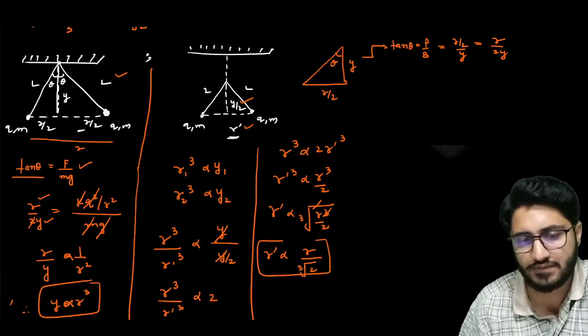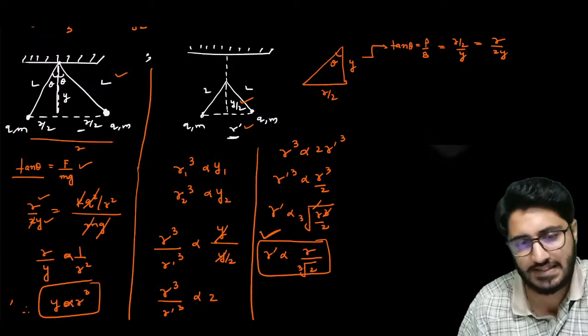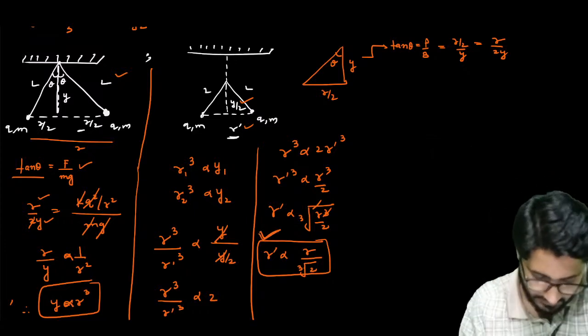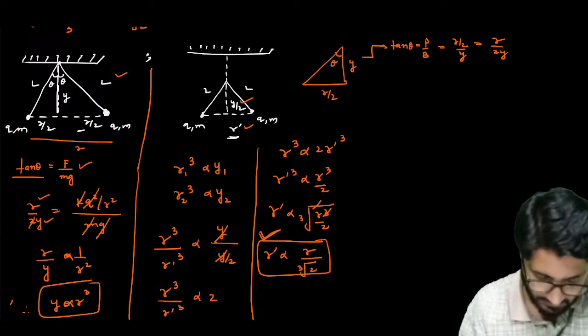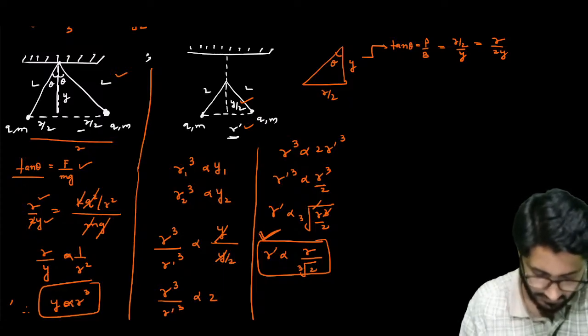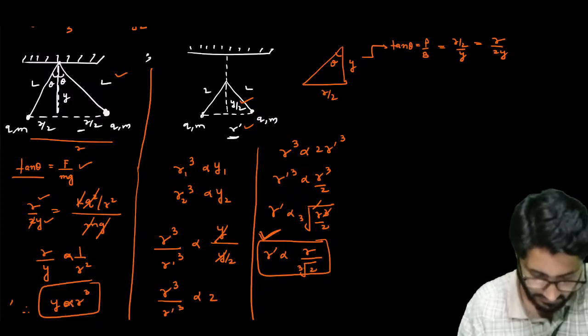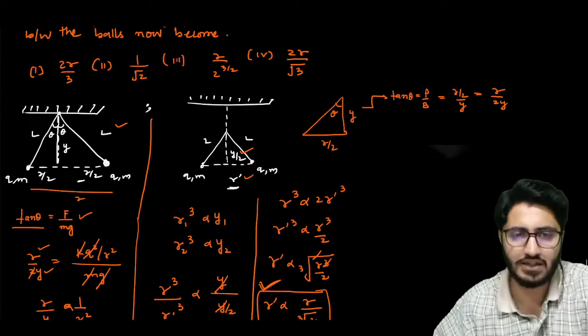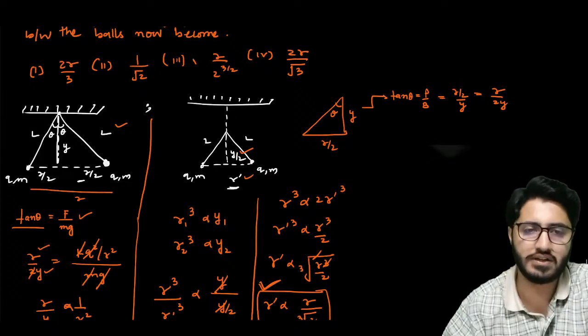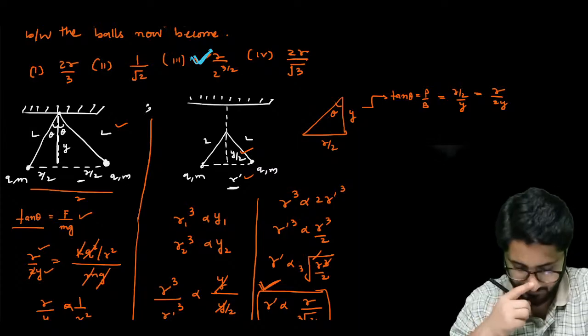This is my answer. Simple and easy, no? Easy? So I guess my answer is R by 2 to the power 1 by 3. Option number third is my correct answer.